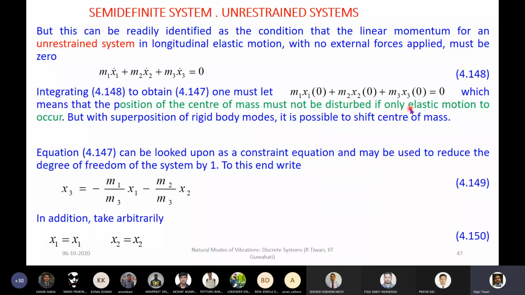If we have rigid body mode along with the elastic, then the center of mass can shift. But for pure elastic motion, the center of mass of the system should not change.